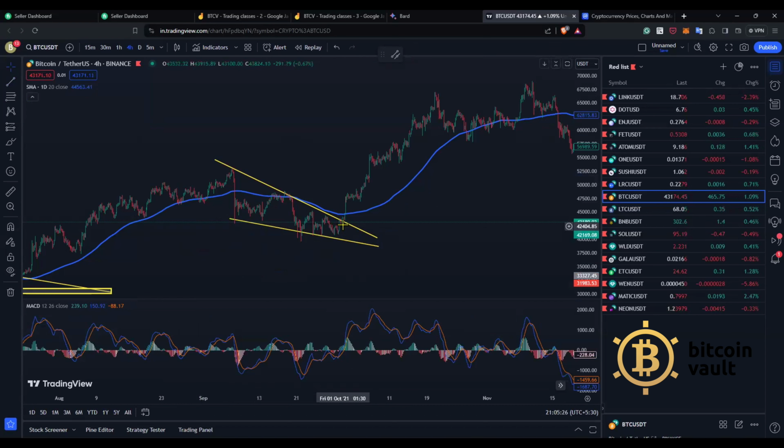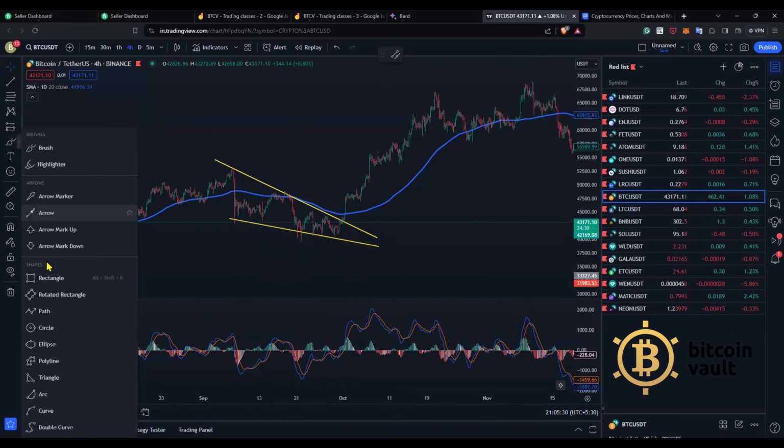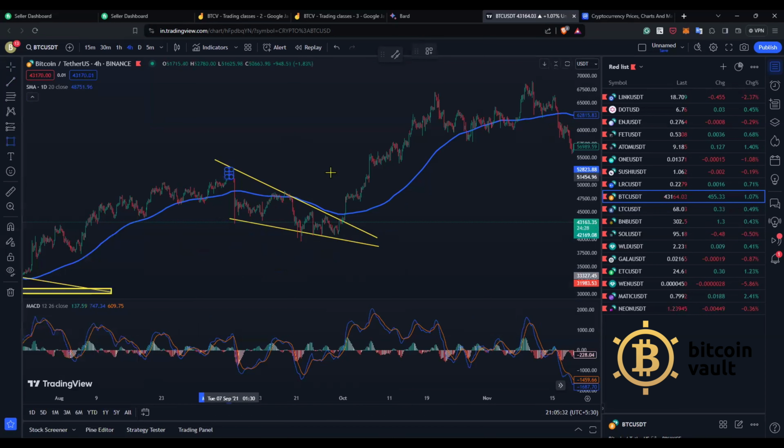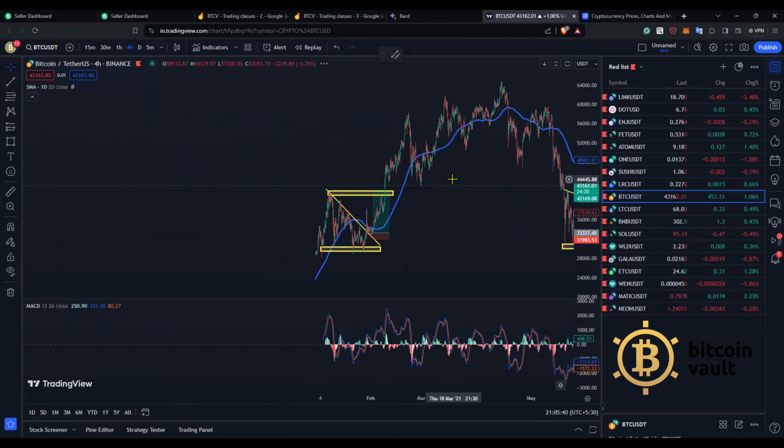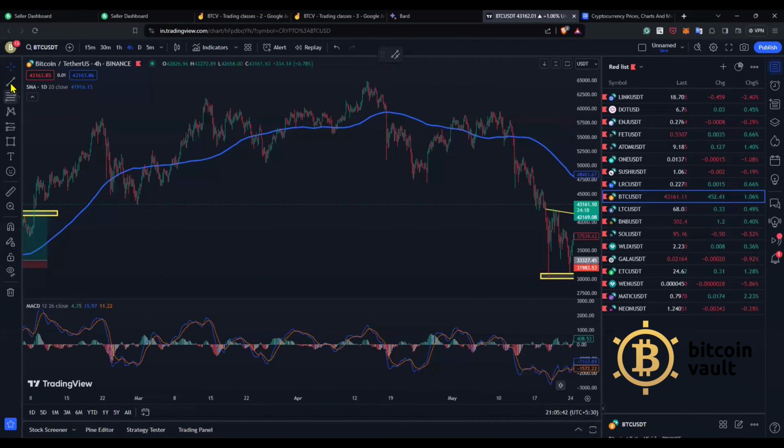Falling wedge. What happened next? Market broke and moved in the upward direction. When to exit? Right around here you can exit. Great. Nothing to be worried about. See? Falling wedge. Generally in the falling wedge, the market moves up. Rising wedge, see this one. There's a very big rising wedge, of course.